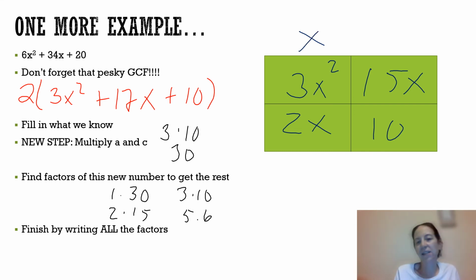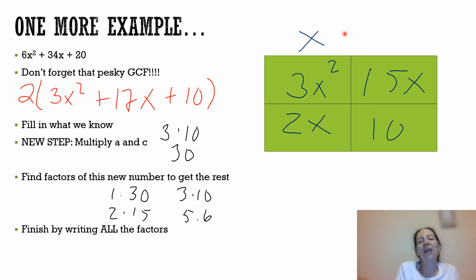So you can get the x, that's the common factor. But you could also do it this way. Okay, so you could say, well, 3 and 15 have a common factor of 3 and then an x, or you could do this group, 2x and 10, what do they have in common? They have a 2. There is flexibility there. There's no right best way that you have to fill that out.